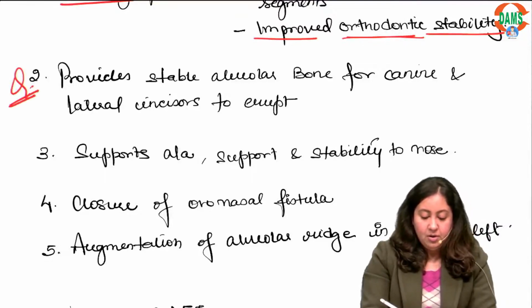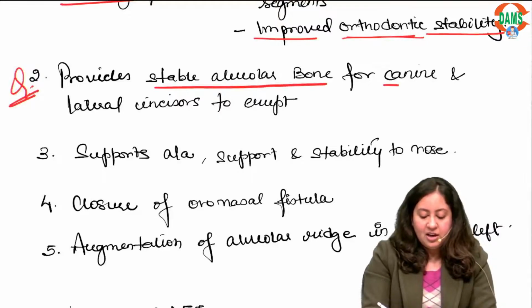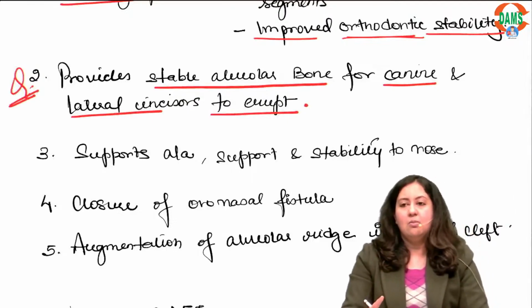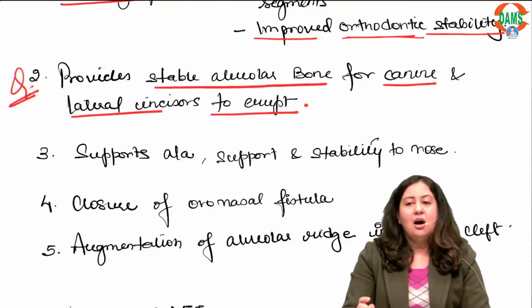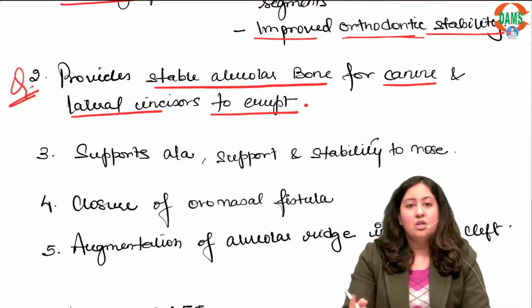Important point, it is providing stable alveolar bone for canine and lateral incisors to erupt. Most importantly the canine, because why? Canines are long rooted teeth, so their roots need bony support. They need bony support so that they can come and erupt in the oral cavity and maintain their position.